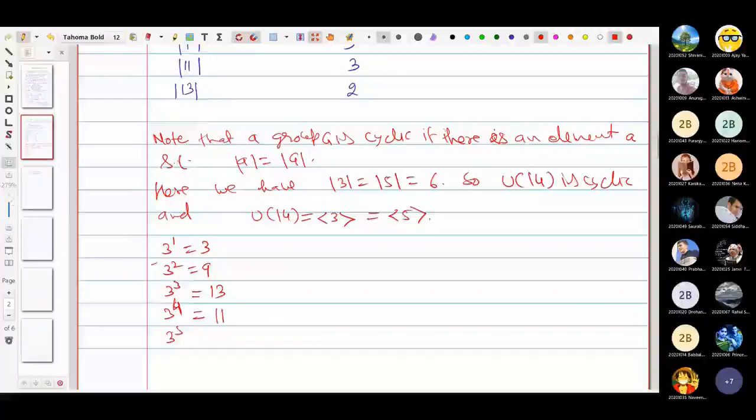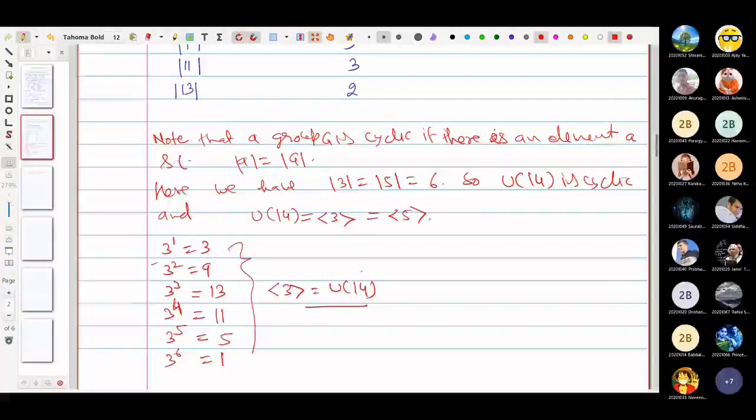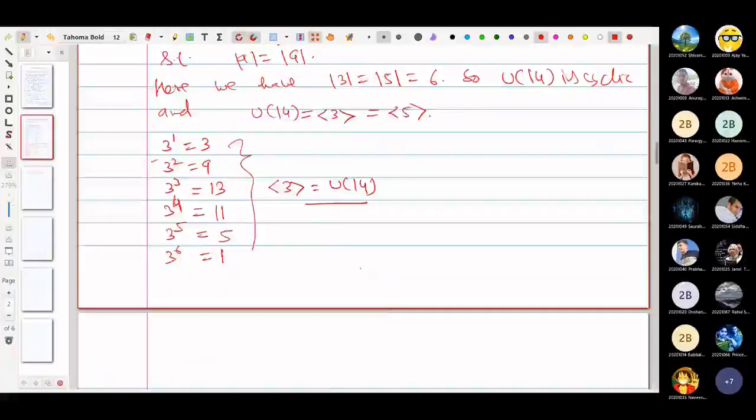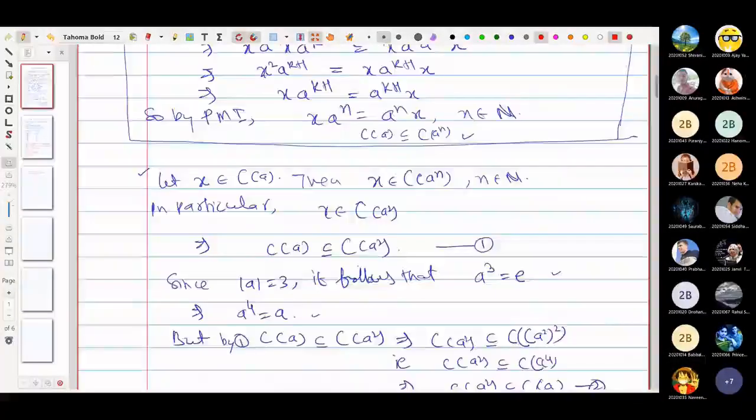And 3 to the power 5 is 5, and of course 3 to the power 6 is going to be 1. So like this, 3 is generating U14. Similarly for 5 also. Is it okay? So we can move further to the next question. If you have any doubt, you can ask.